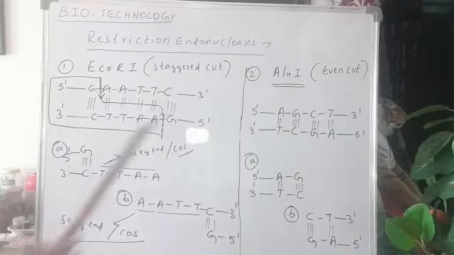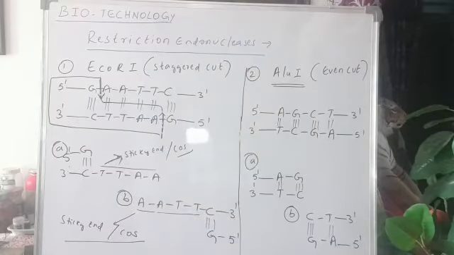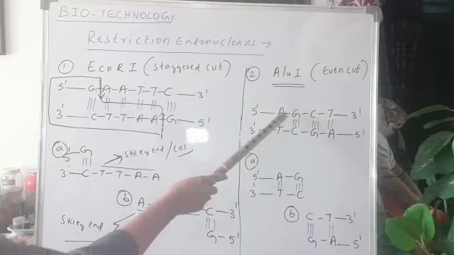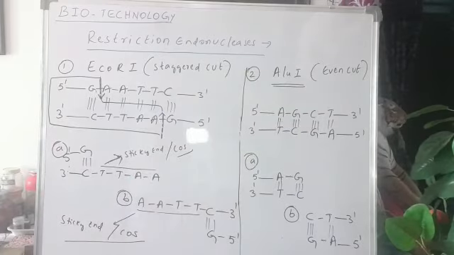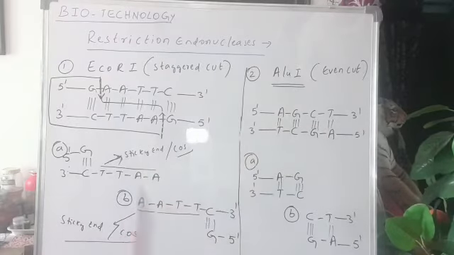So that means yes, it is a palindromic nucleotide sequence, AGCT from 5 prime to 3 prime in both the strands. So it is a 4 base pair recognition sequence.